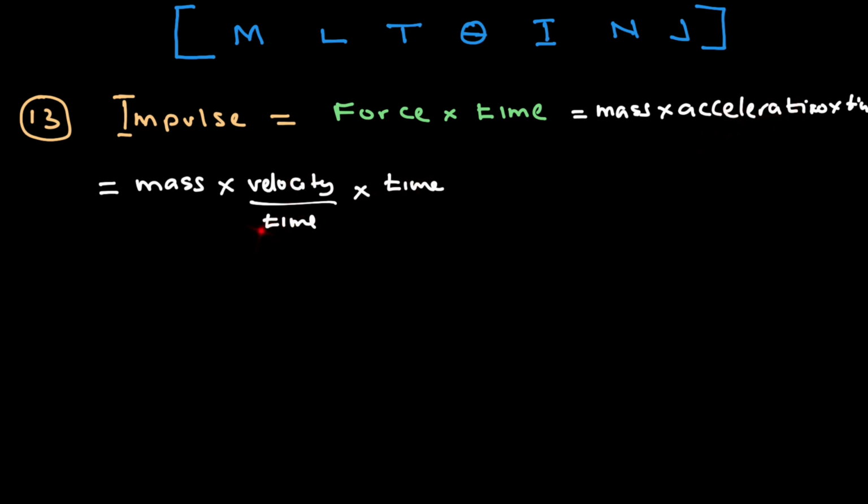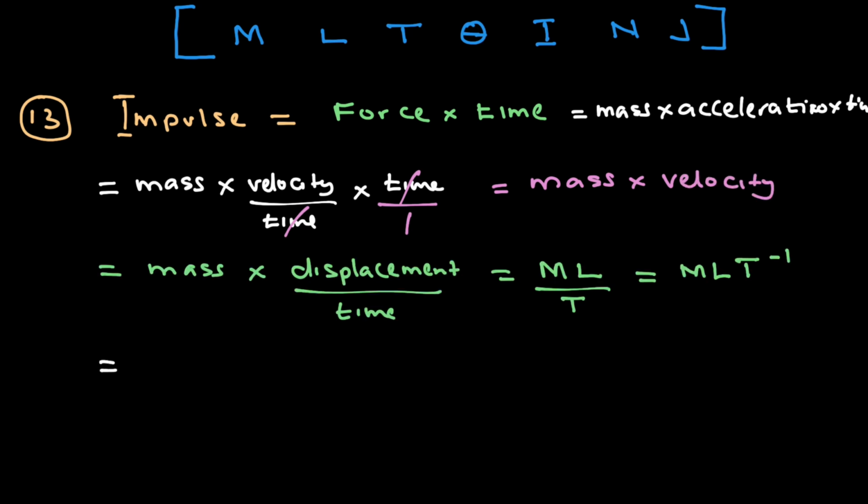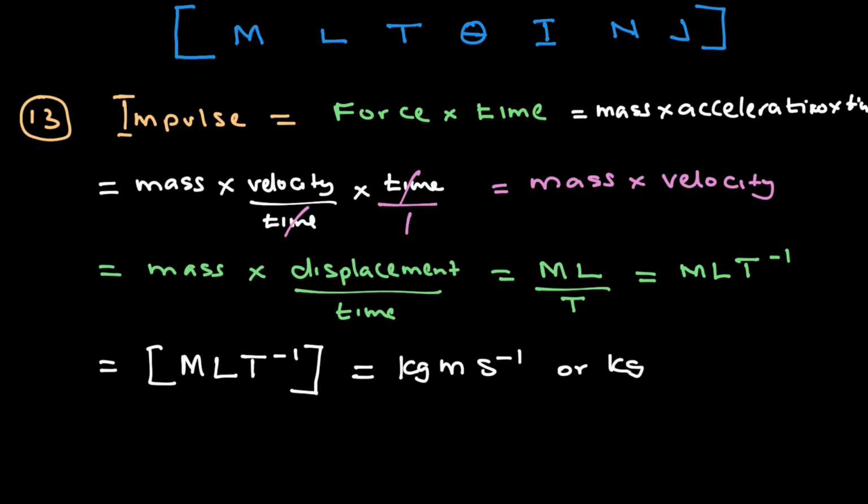Now time will cancel time because that's over 1. And so we're going to get mass times velocity, which is equal to, open square bracket, mass, displacement, time to the power minus 1, close square bracket, and that equals kilogram meters per second, or you might say kilogram meters over second. So this is dimension, and that's unit.